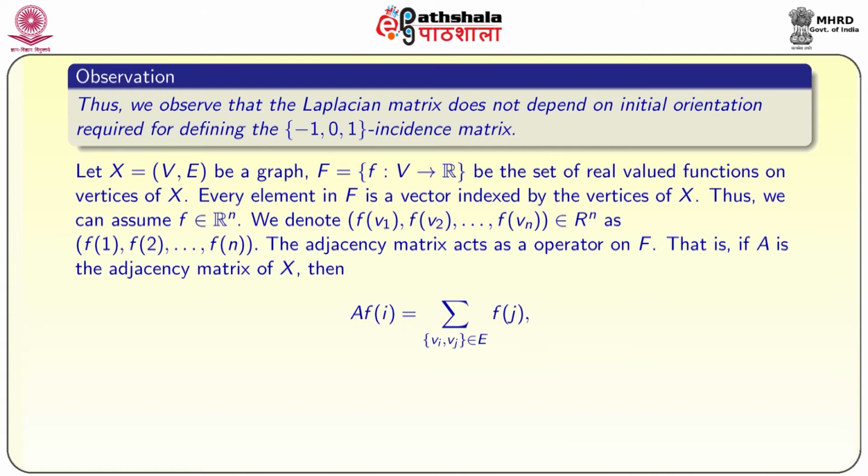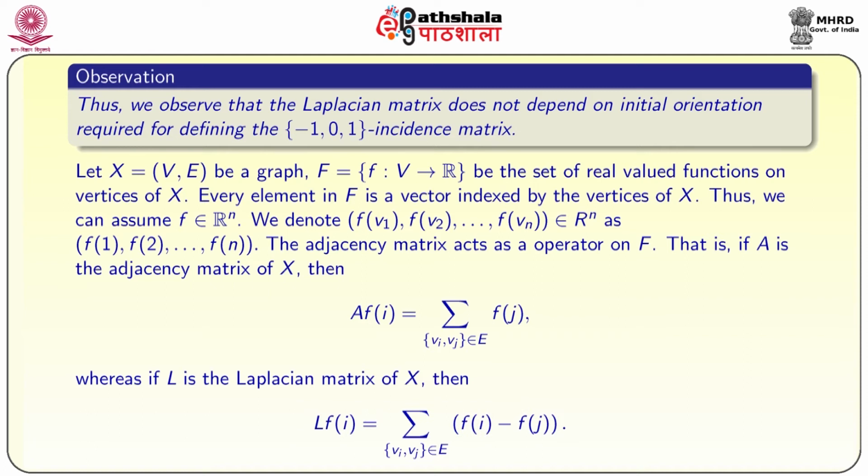We are multiplying matrix A with the vector f, whereas if L is the Laplacian matrix of X, then (L f)(i), that means in the vector Lf we are considering the i-th entry, is equal to the summation over (vi, vj) belonging to the edge set of f(i) minus f(j). It is better to take an example for the Laplacian matrix and an example for f, then we can check this part easily, or even an example for f is not required. So, take any Laplacian matrix and check.